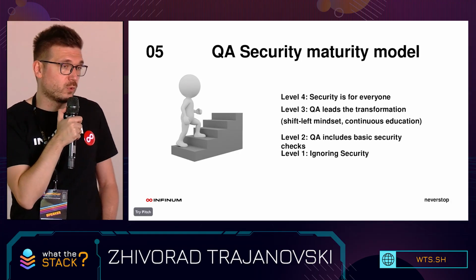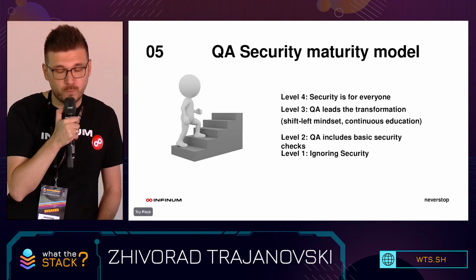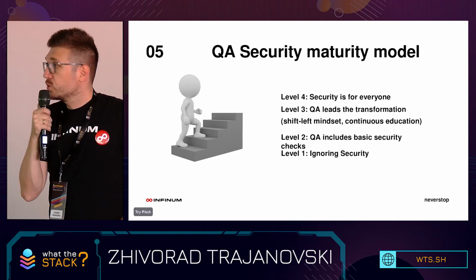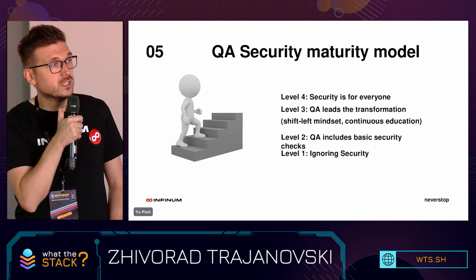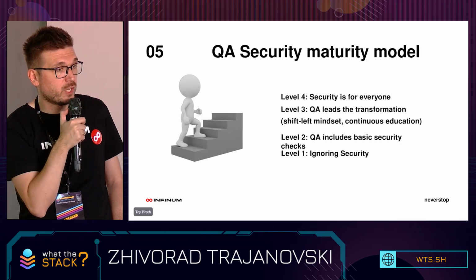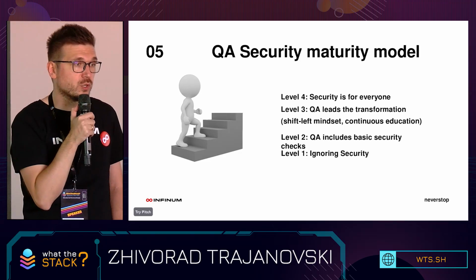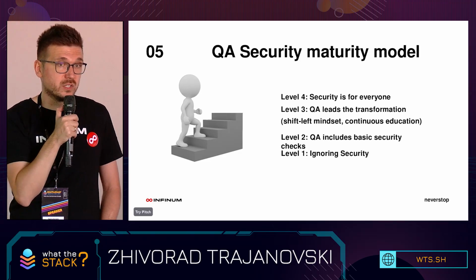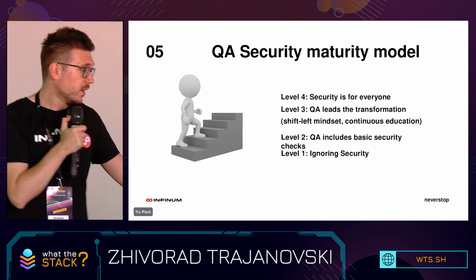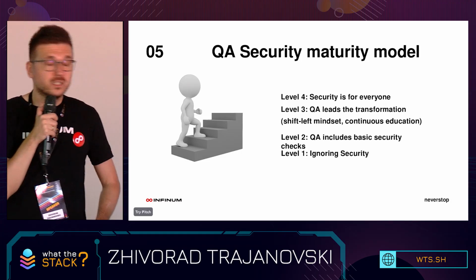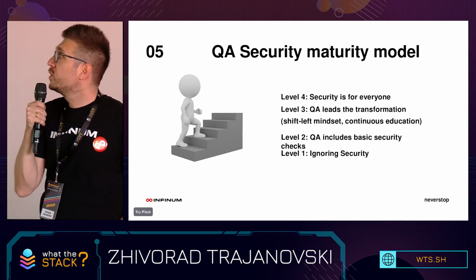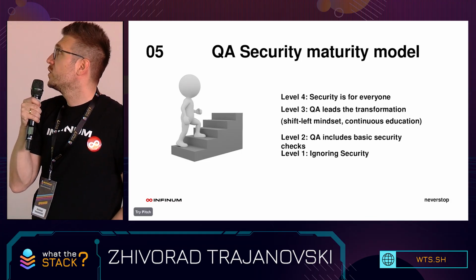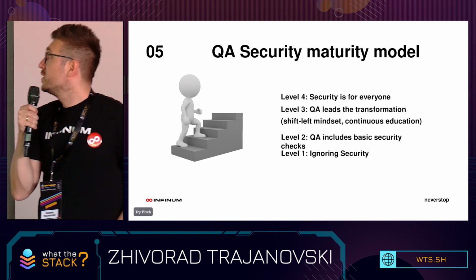This will save us, of course, time and maybe future money. Of course, another step there is continuous education, and the need for continuous education of the employees is required.